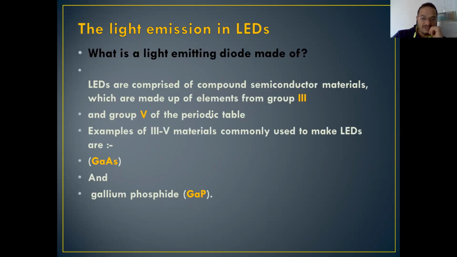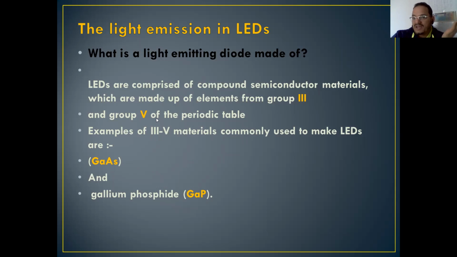What is the light emitting diode made of? It is made of semiconductor diode. Like we said before, we will depend on these two kinds of semiconductor, gallium arsenide and gallium phosphide.